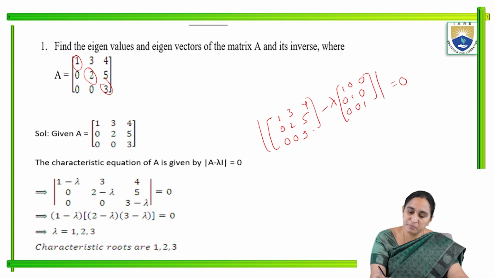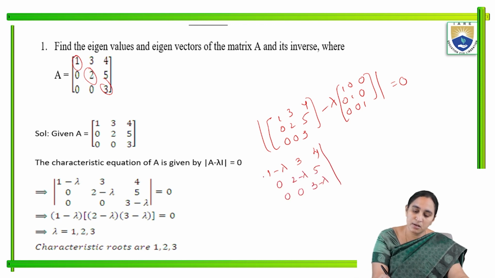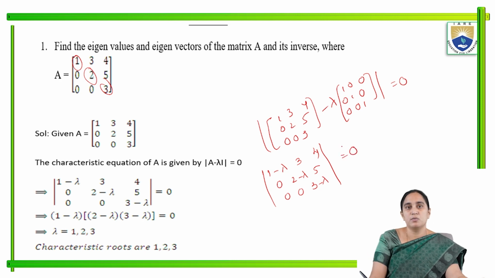After subtracting, we get [1 minus lambda, 3, 4; 0, 2 minus lambda, 5; 0, 0, 3 minus lambda] equal to 0.